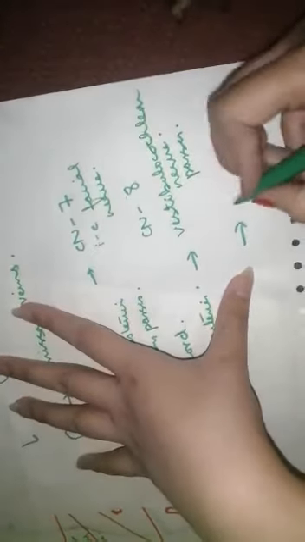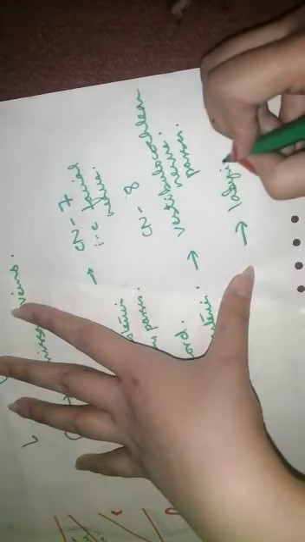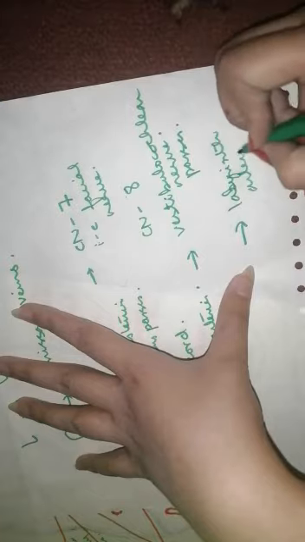Also the labyrinth artery. So here structures that pass through the different foramina of the skull are completed.